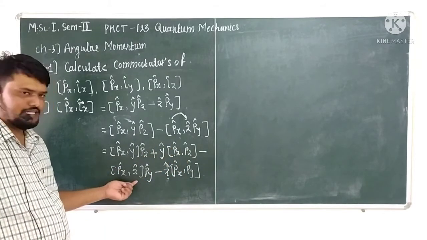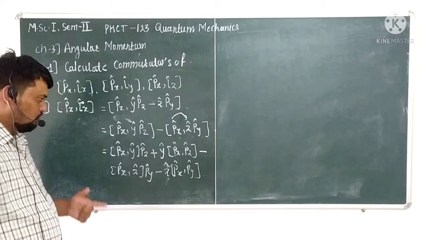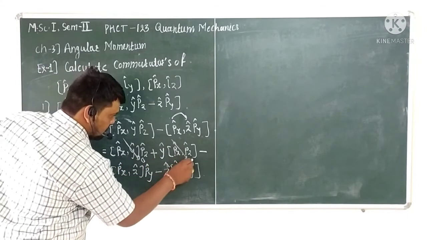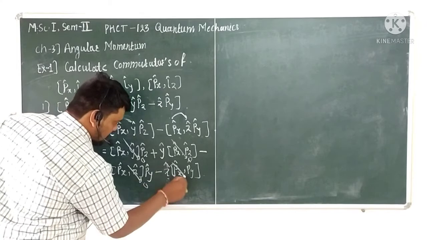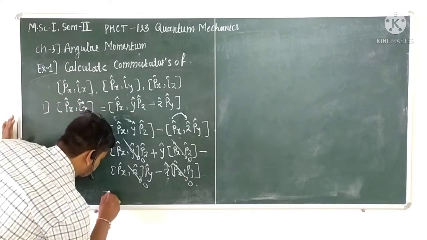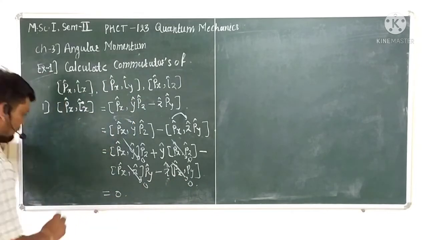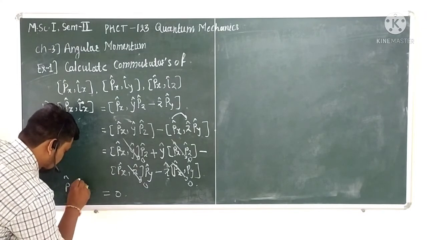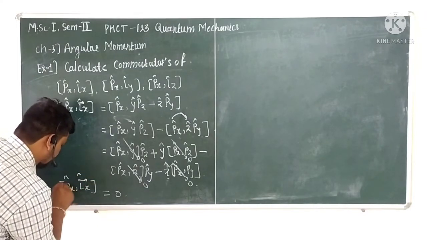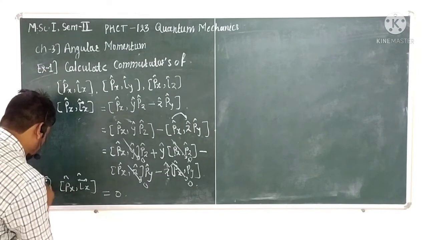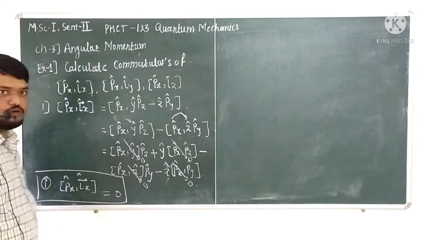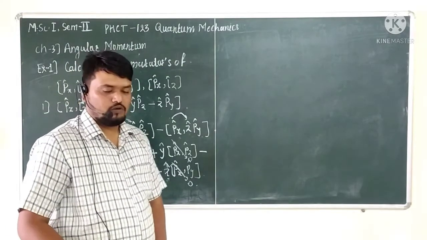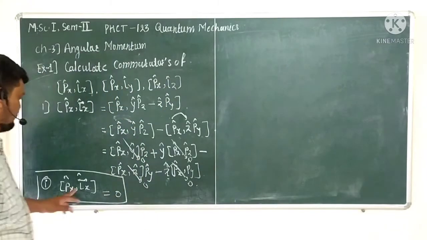Px cap comma z cap is 0, and this is also 0. Overall, in this calculation this is 0, this is 0, this is also 0, and this also 0, so the final result of this property is that px cap comma lx cap is 0. So this is the final property.